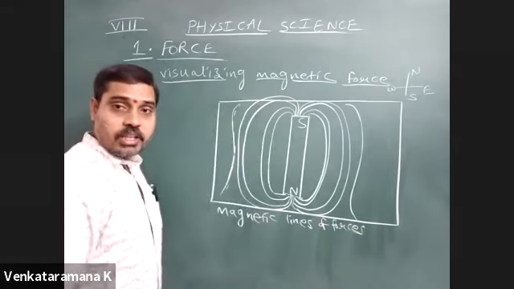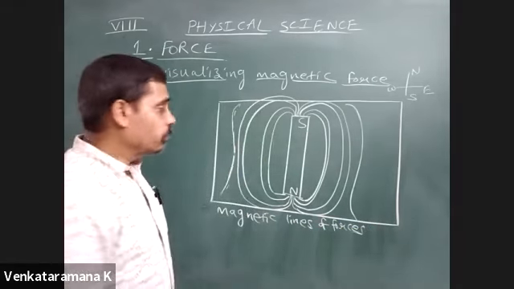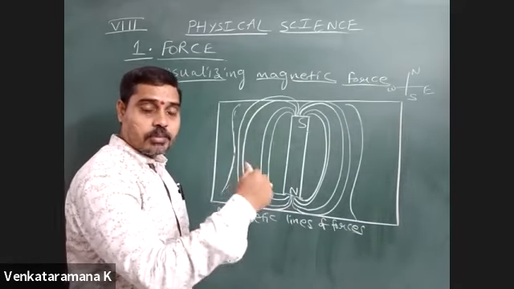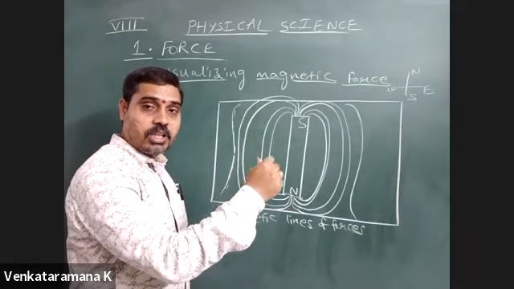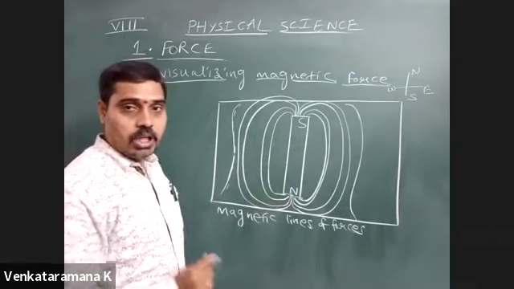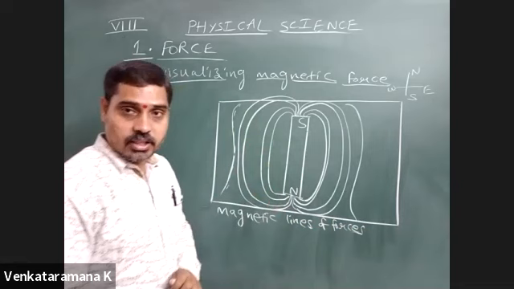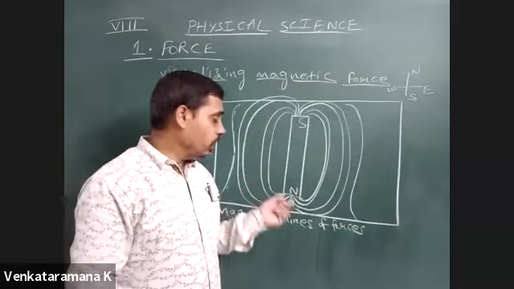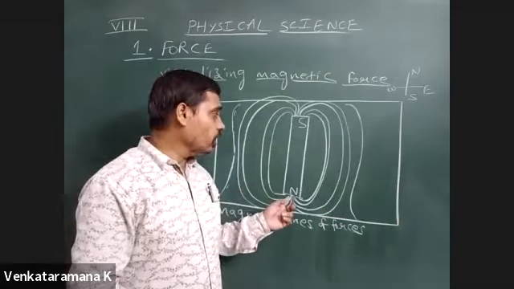So what are magnetic lines of force? Imaginary lines along which, when iron filings are sprinkled on the magnet, they fall in a certain pattern. Or another way we can say, the imaginary line which joins any two points of a magnetic field is called a magnetic line of force.